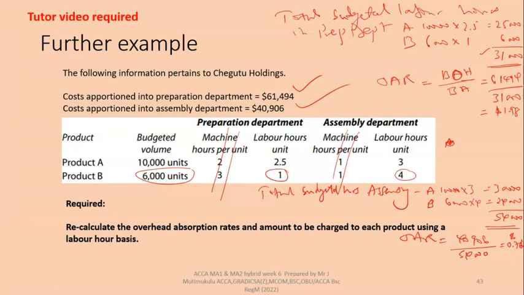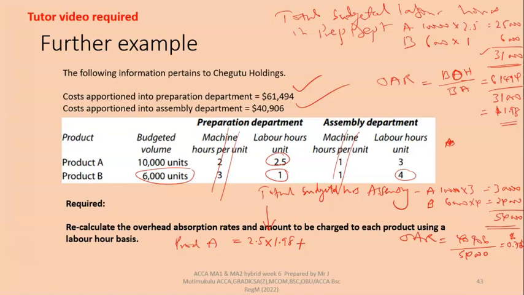Okay, now with that information, we can determine the amount to be charged to each product using a labor hour basis. So for example, product A would cost 2.5 hours here, multiplied by $98 plus, so these are the hours for the preparation department.